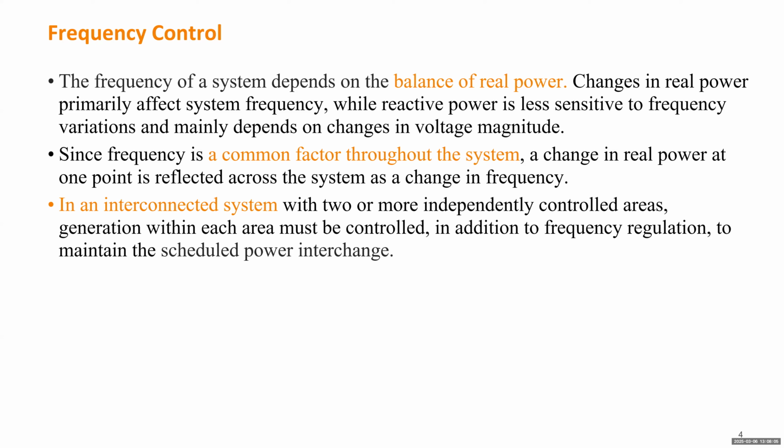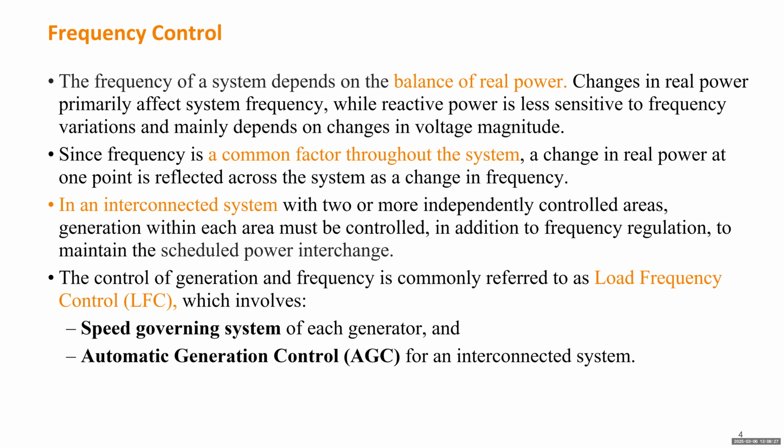Also, you need to control the tie line. So later when we move to some examples on the frequency control for an interconnected system, we will try to control both the frequency deviation at some generators and also some tie line flow. So we need to control both. The control of generation frequency is commonly referred to as load frequency control.